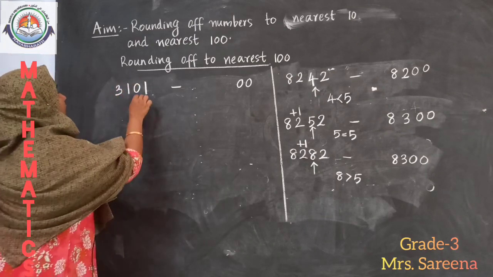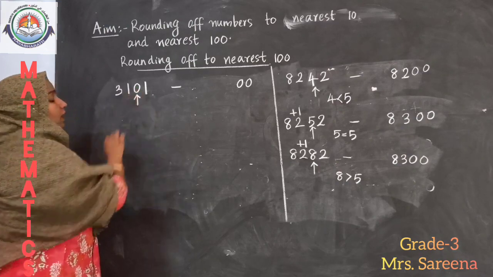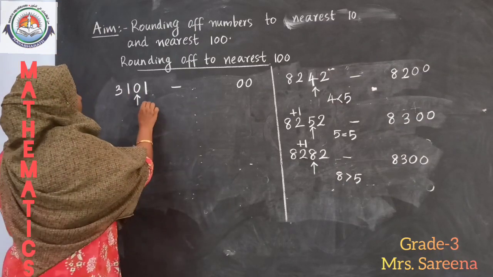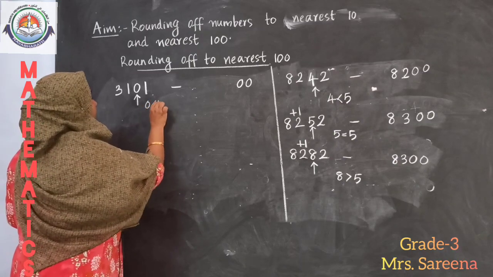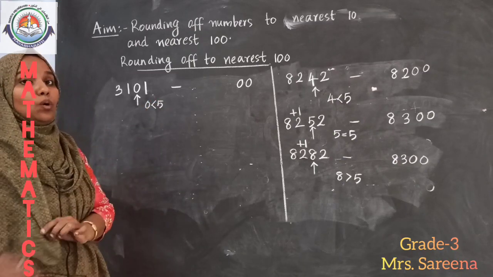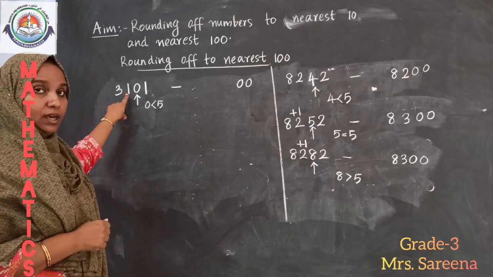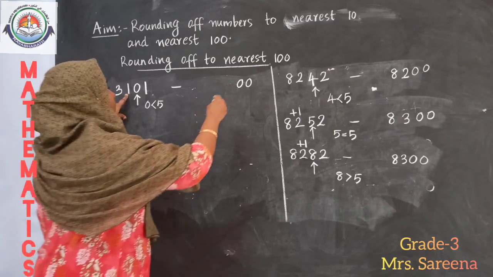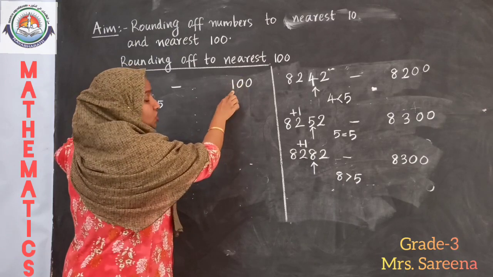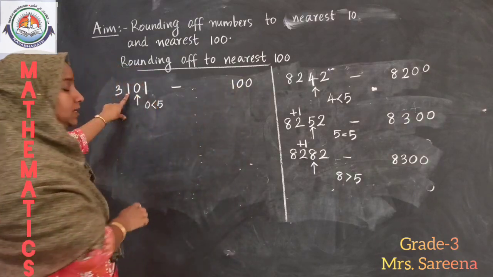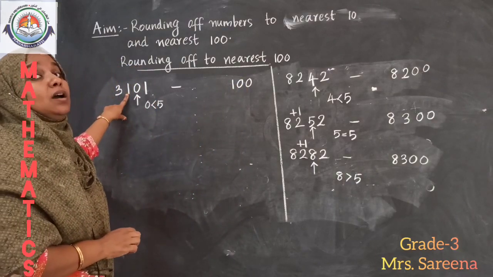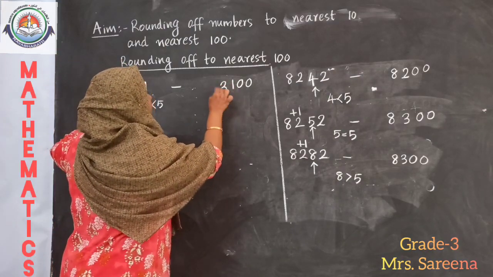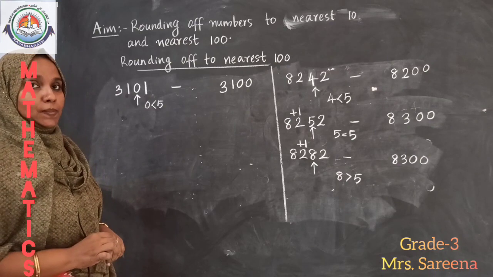Then check the number at the tens place. It is 0 and we know that 0 is less than 5. So do we want to add plus 1 here? No. So the digit at the hundreds place remains the same and the thousands place remains 3.